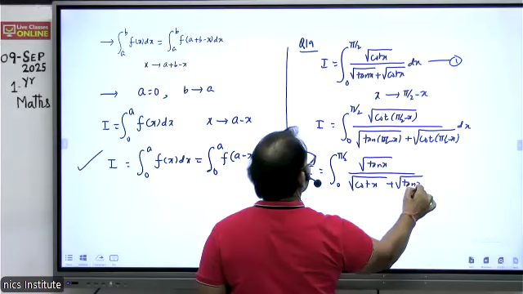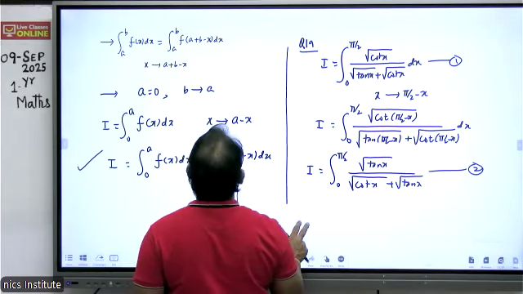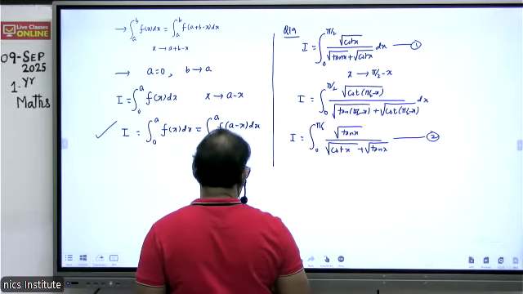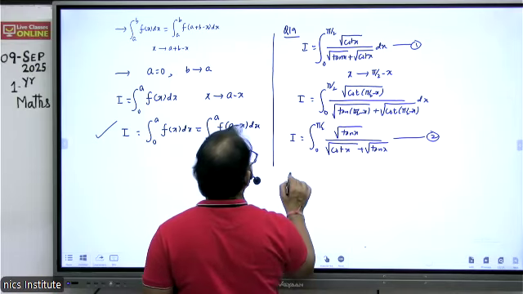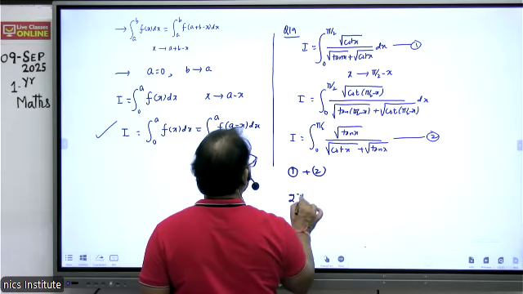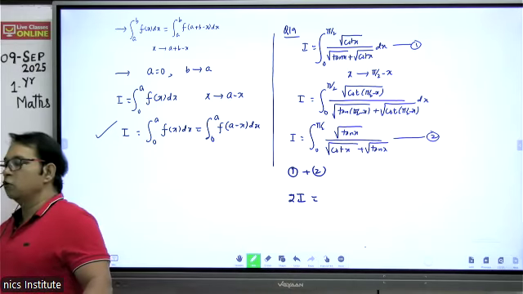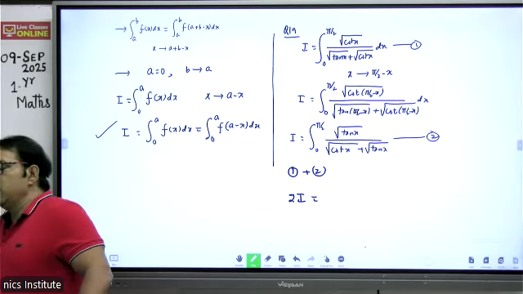Again, equation 1 and 2 both have the same denominator. Add these two. Adding 1 and 2, same limits, 0 to pi by 2, and the same denominator.